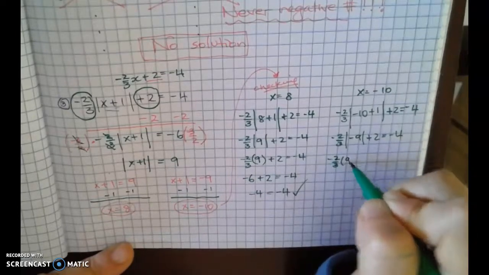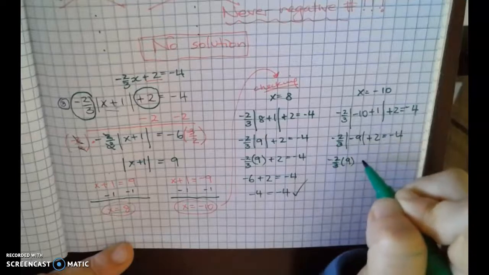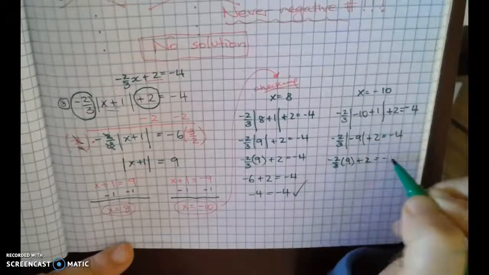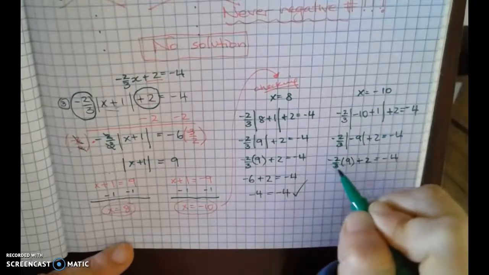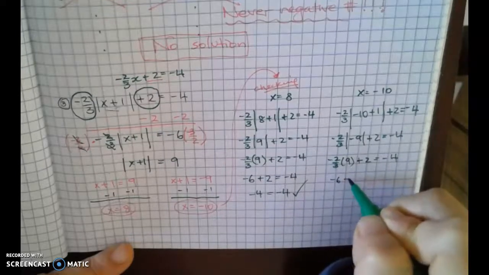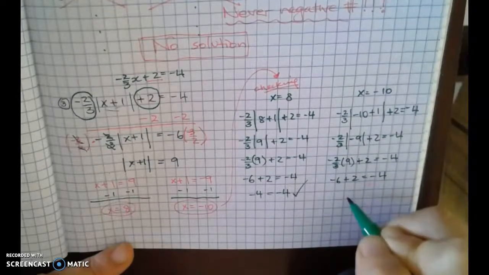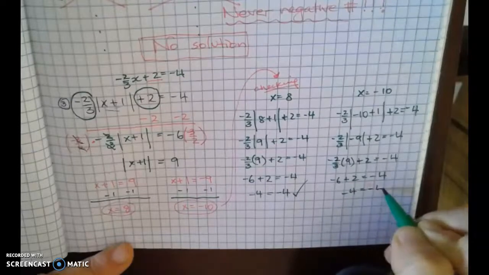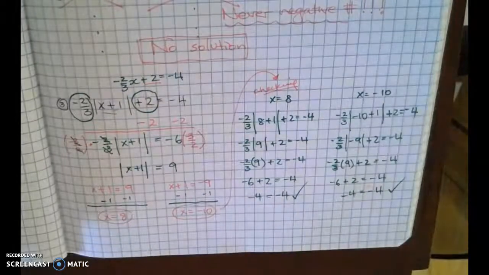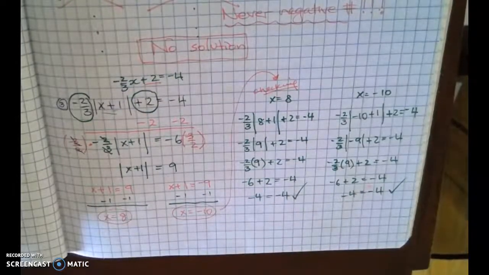That's just going to be 9. That's when we get rid of the absolute value symbol. Now multiply this out. That becomes negative 6 plus 2 is equal to negative 4. So negative 4 is indeed negative 4. So that checks out. Okay, so that's the warm-up problem solved for you. I hope you feel comfortable with that now.